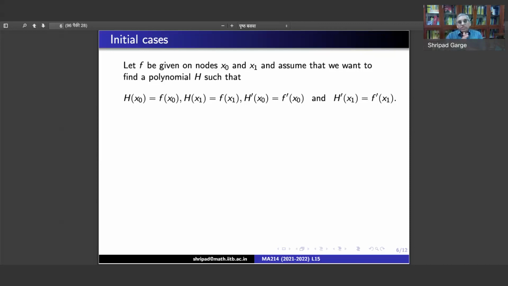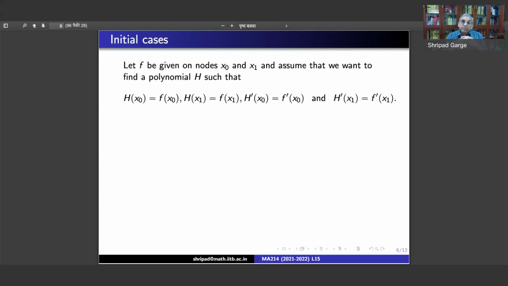And then two more such special cases by looking at f'(x0) and f'(x1) respectively. But here, we should have a polynomial which is 0 at some points and 1 at some other points. So then immediately it should make us think about Lagrange polynomials. That the Lagrange polynomials should divide these functions.